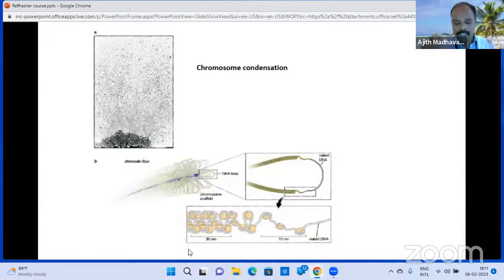But it is also interesting to imagine, you may ask a question, okay, the DNA molecule is wound around the protein, but the information resident in this DNA molecule has to be deciphered, has to be read. So the protein molecule might become a hindrance for that. So there are different ways by which the cells deal with this problem. They temporarily unwind the DNA, then read it and wind it back.